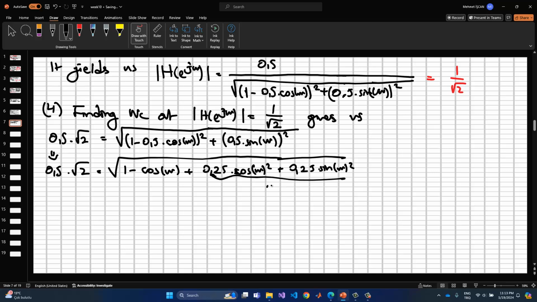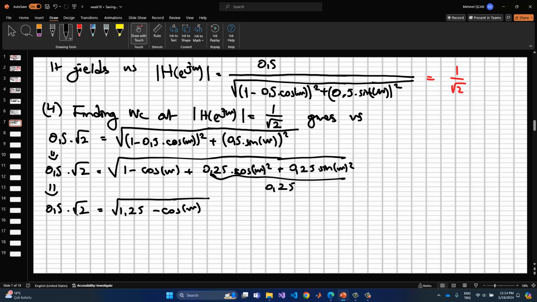This yields 0.25, because cosine squared plus sine squared is always equal to 1. So this simplifies to 0.5 square root 2 equals 1 divided by the square root of (1.25 minus cosine w).